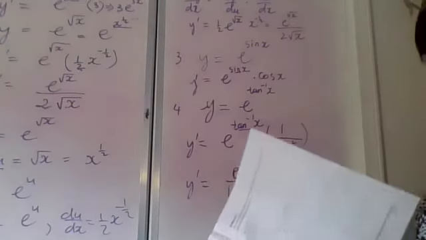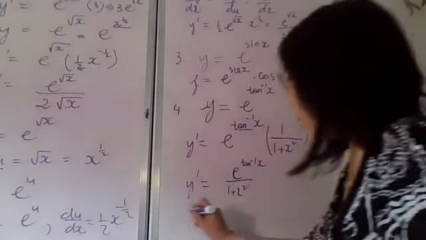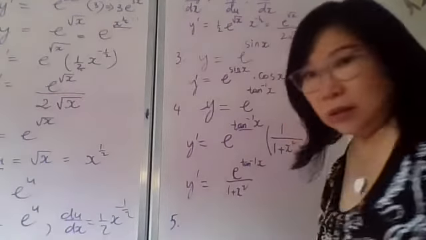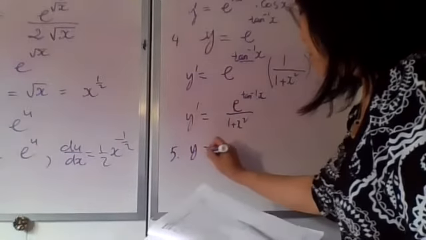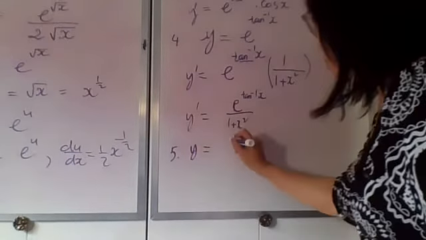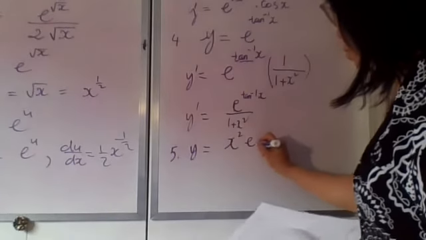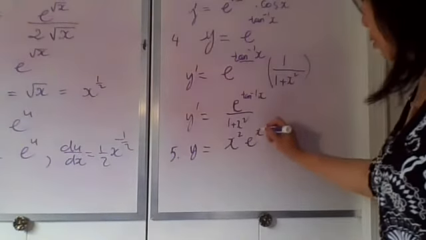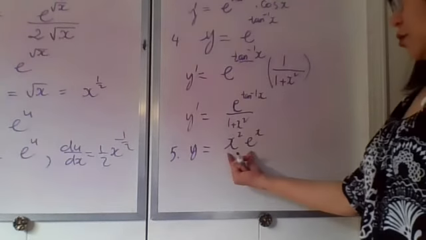Okay, so let's do another one. Let's say number 5. If you have a function y equals x squared e to the x. Do you remember what rule we were supposed to use here? This is the product rule, right?